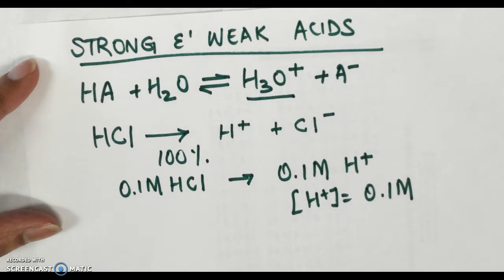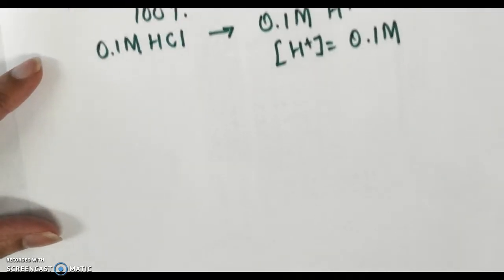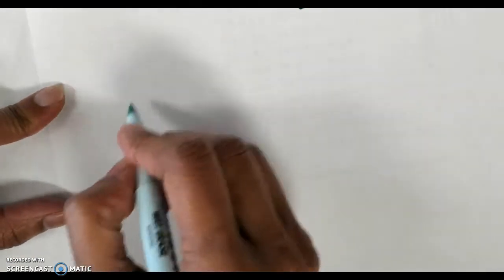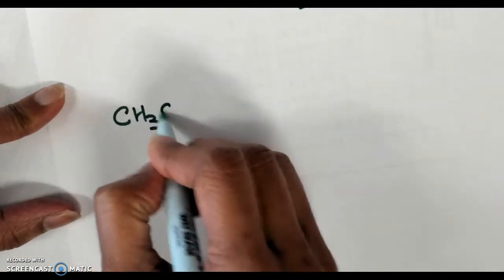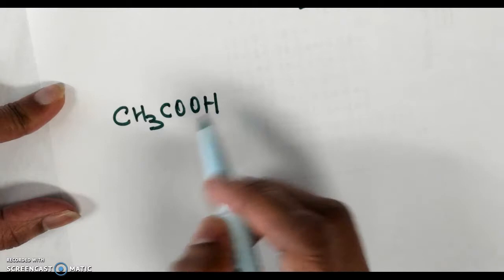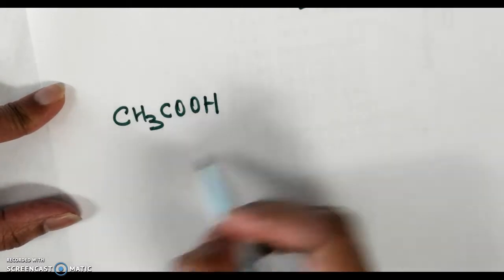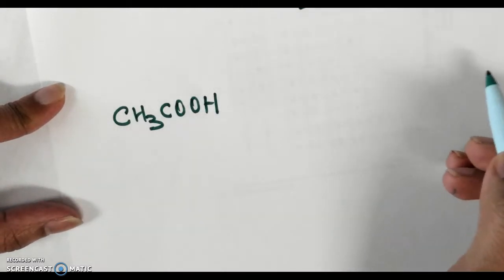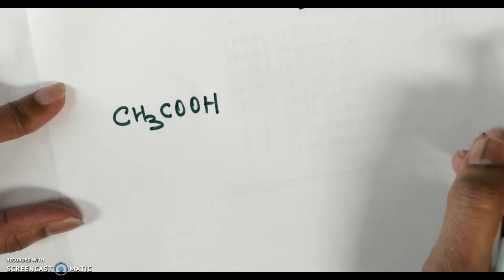However, if we were talking about a weak acid, an example would be acetic acid. In this case, we cannot say that all of this acid has been ionized into its respective cation and anion.